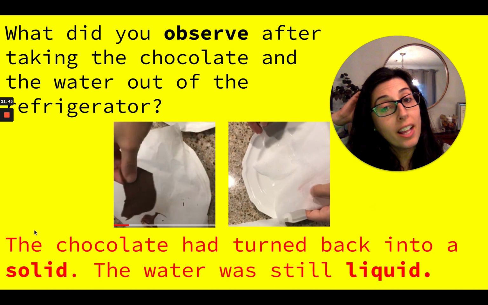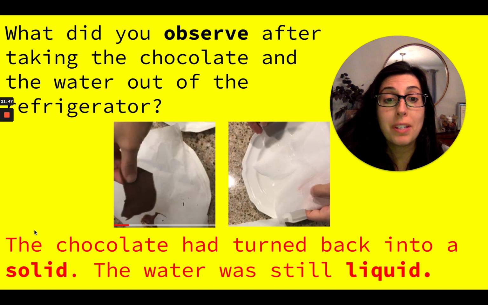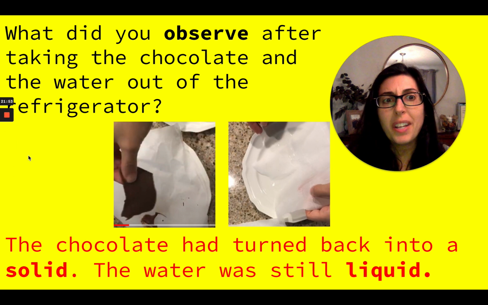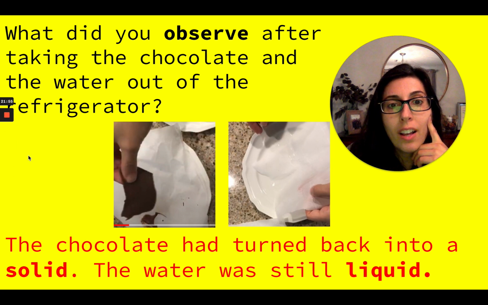The chocolate had turned back into a solid, but the water was still a liquid. So isn't that so interesting? We put them both in the refrigerator, but the liquid stayed a liquid where the chocolate turned back into a solid.